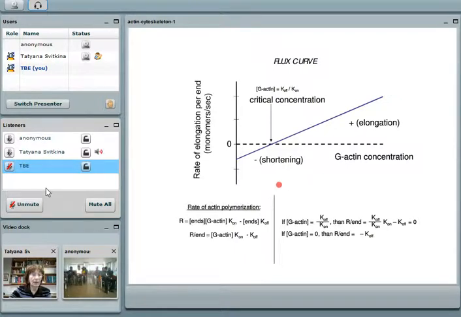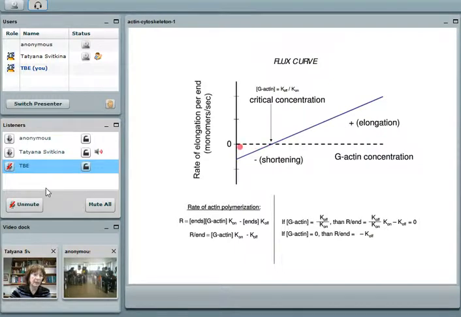Okay, so now let's look. At critical concentration, the rate is 0. If we have a monomer concentration above critical concentration, we have a positive rate of polymerization. It means the filaments elongate.